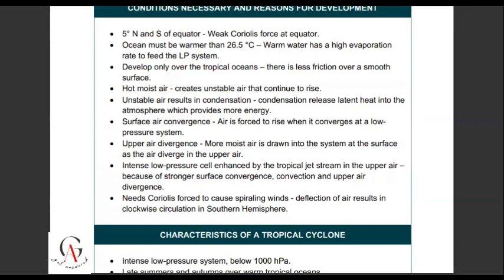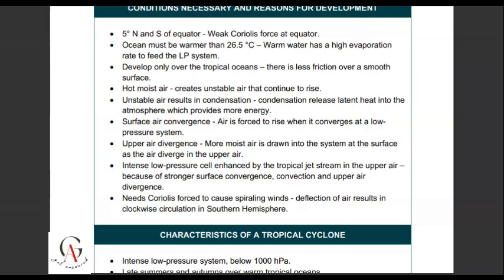There is limited deflective frequency because the Coriolis force is not active in that region. It will act as we go towards the polar region. So it will mean that it will strengthen as we move away from the equator going towards the polar region. So basically, they need a region which is away of the 5 degrees north and south. They cannot occur effectively within the true equatorial region of 0 to 5 degrees.